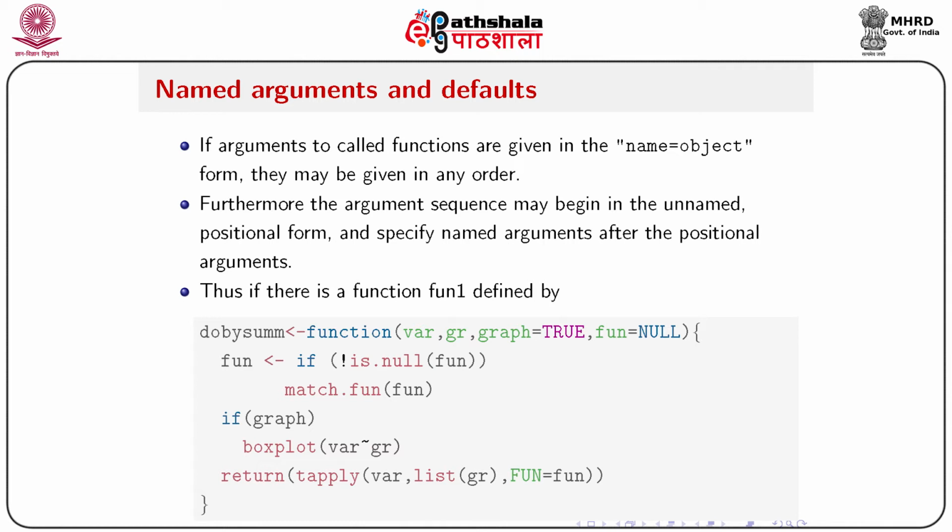If graph is TRUE, then do the box plot and return the functional value that you are looking for, the doBy either mean or whatever you would write. It could be your own defined function too.